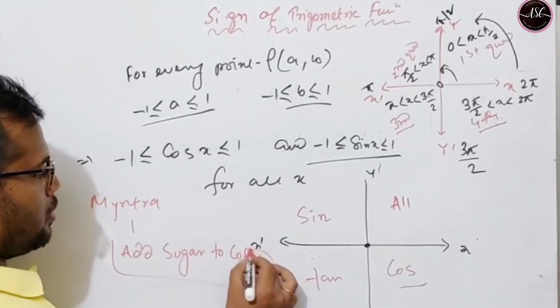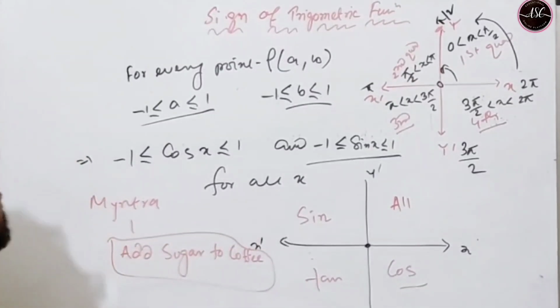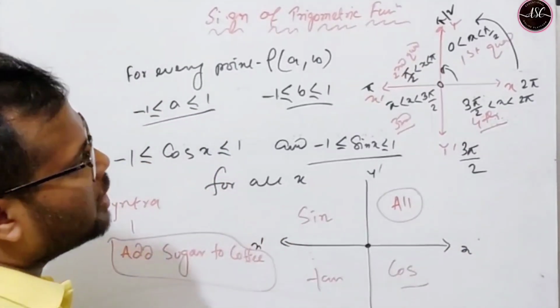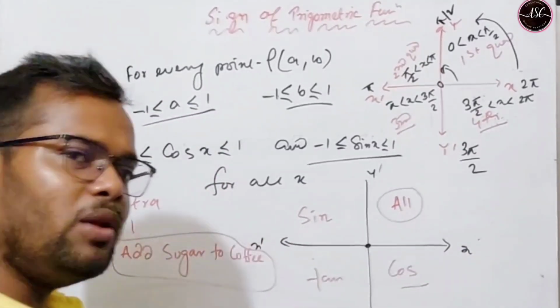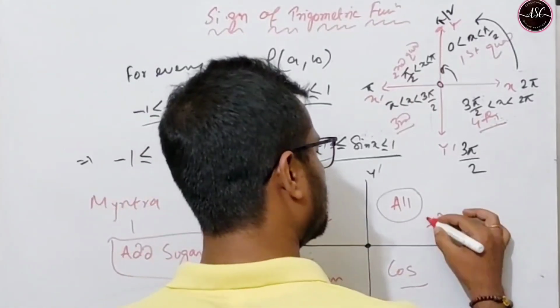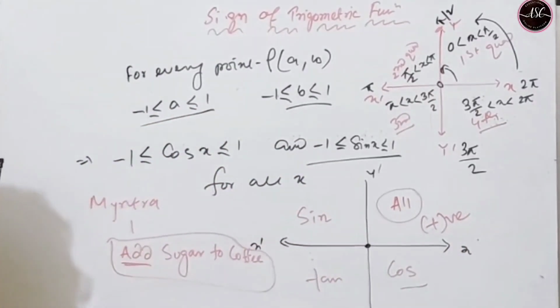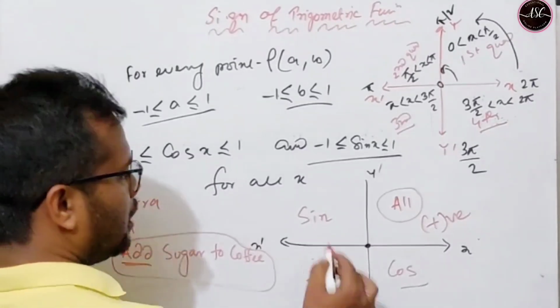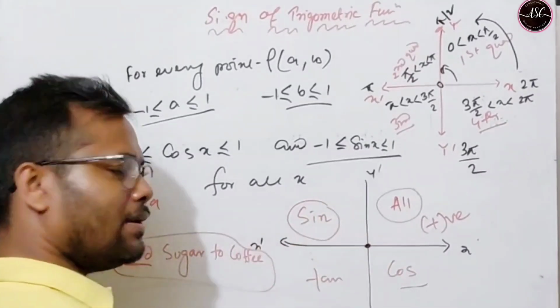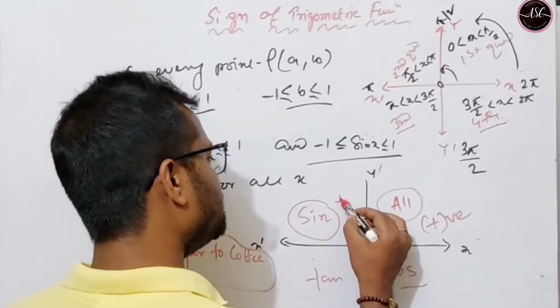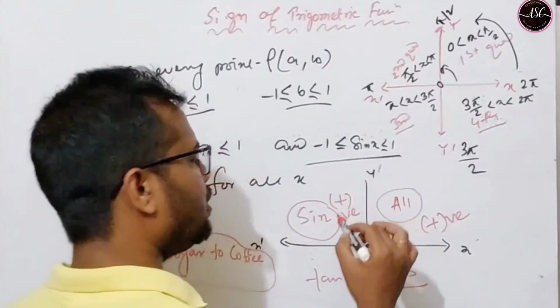Okay, please remember this mantra. Add: in the first quadrant all of the trigonometric functions will be positive. Here in the second quadrant the sine and the reciprocal of sine, that means cosec, will be positive and the rest will be negative.